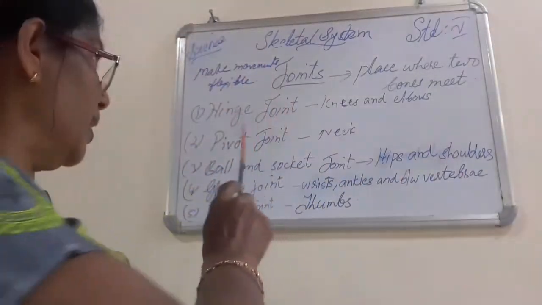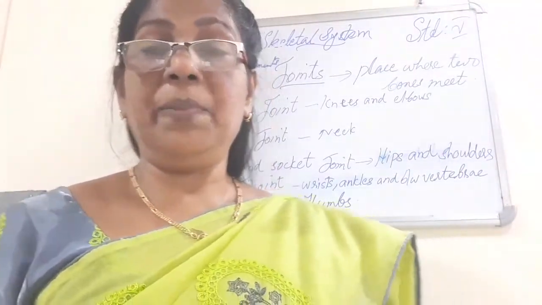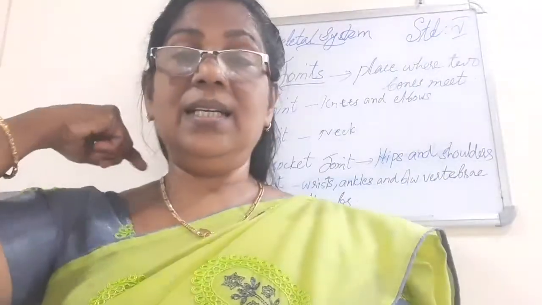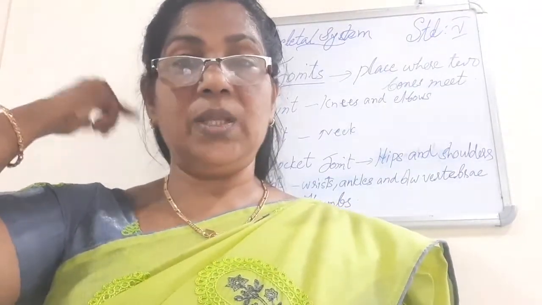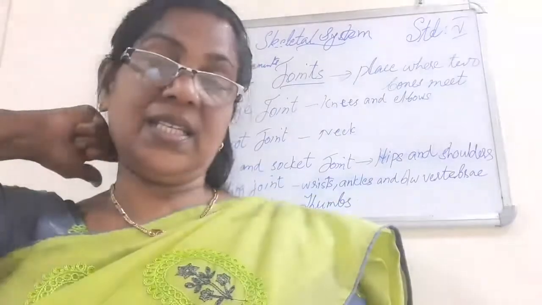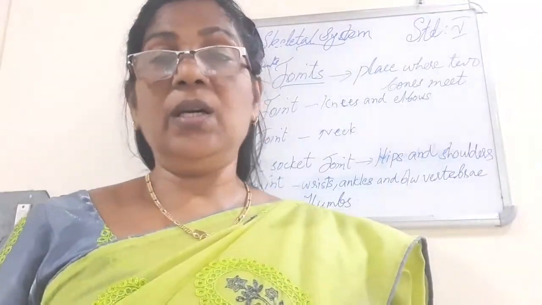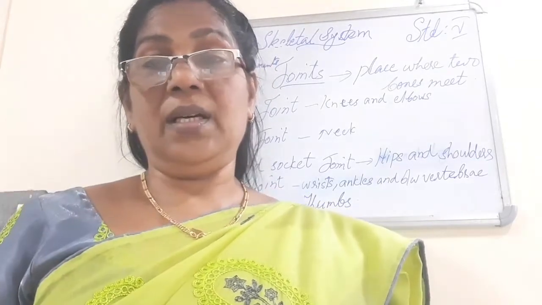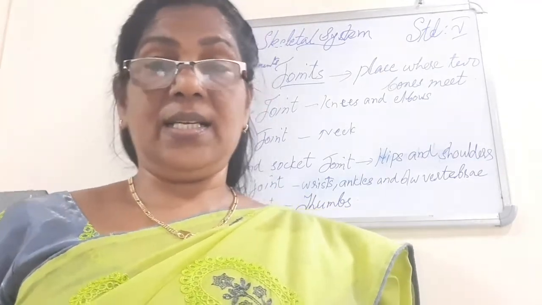The next joint is the pivot joint. Pivot joint is the joint present in the neck. The backbone connects with the skull with the help of a joint present here, just below the skull, on top of the vertebrae in the upward direction in the skeleton.